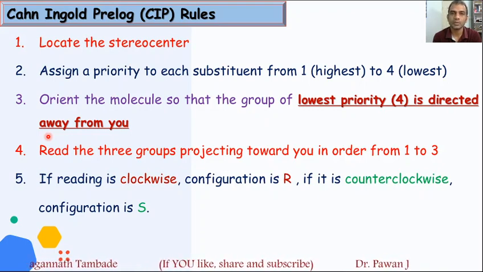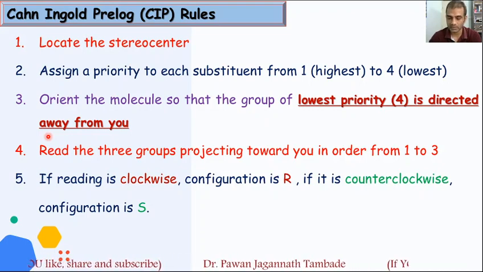Treat the 3 groups projecting towards the observer in the order highest to lowest, that is 1, 2, 3, and if this reading is clockwise, then the molecule is said to have R configuration, and if this reading is anti-clockwise, then the molecule is said to have S configuration. So these are the CIP rules to assign RS configuration to chiral molecules or enantiomers. Now we will see certain examples and we will try to cover all these rules in those examples.